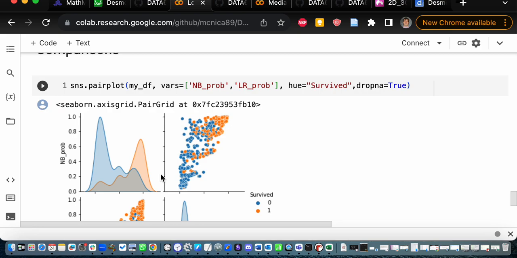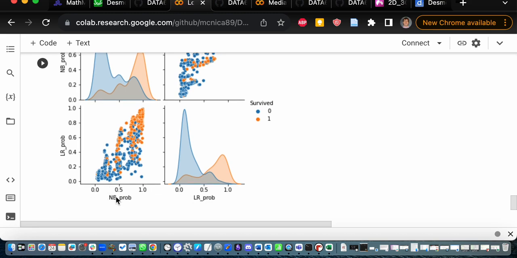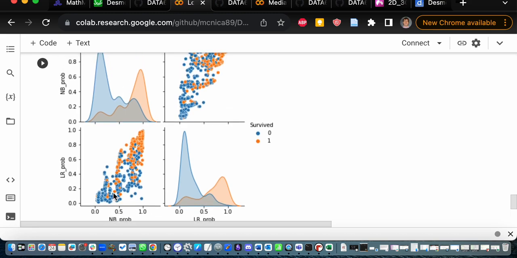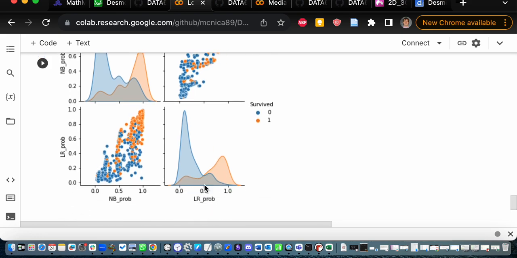They're like, this person, I don't know, 50%, maybe they lived or died, right? So they both have this peak in the middle, and the blue one, the naive Bayes probability, has a bigger spike here in the middle than the logistic probability, even though they both have a spike.